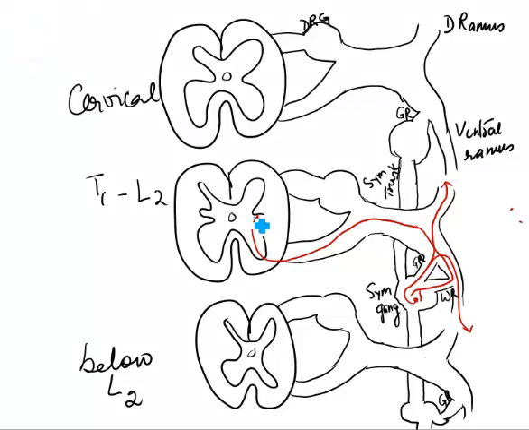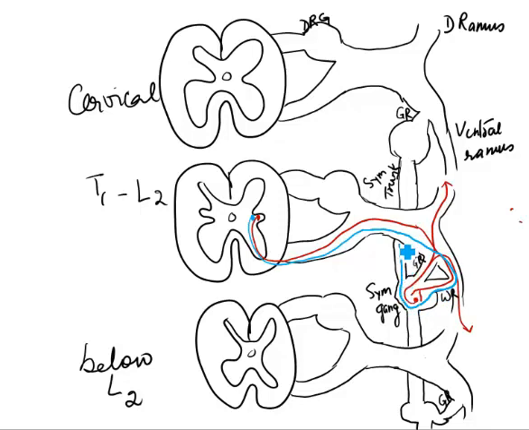So again, they begin in the lateral horn. They come here, but they want to go to the spinal nerves above T1. So what they will do is they will come in through the ventral ramus, not synapse in the ganglion.